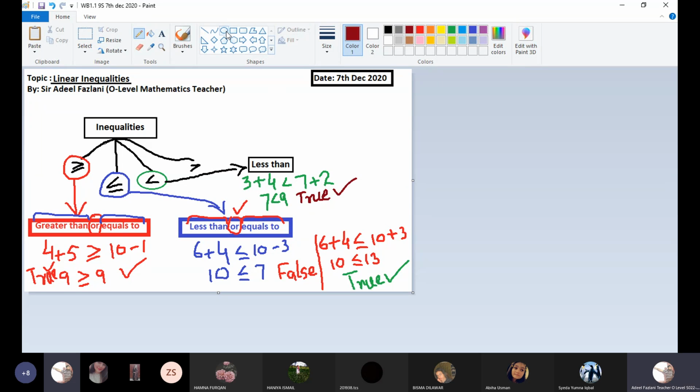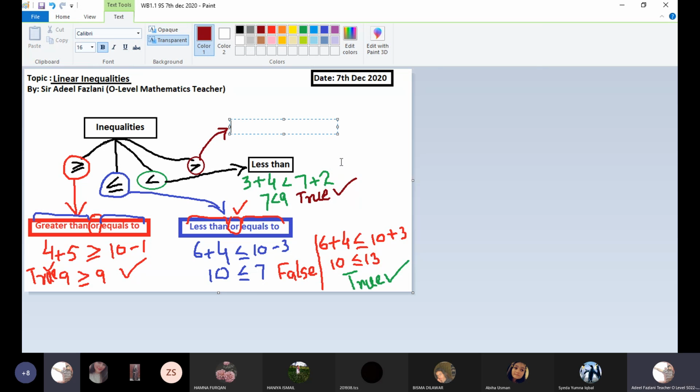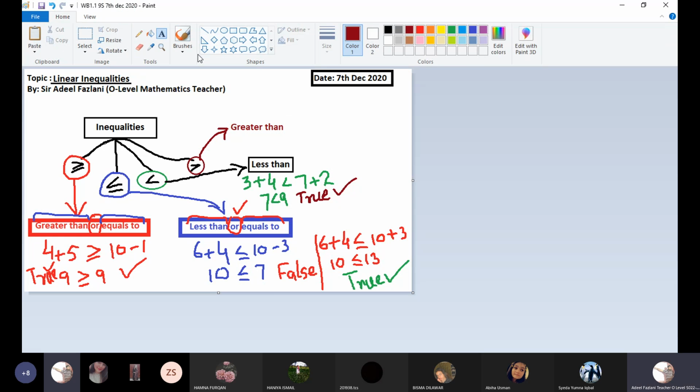Excellent work done. Now, last but not least is greater than, the sign of greater than. We can only say this is greater than. Any example for this? 6 plus 7 is greater than 9 plus 2.